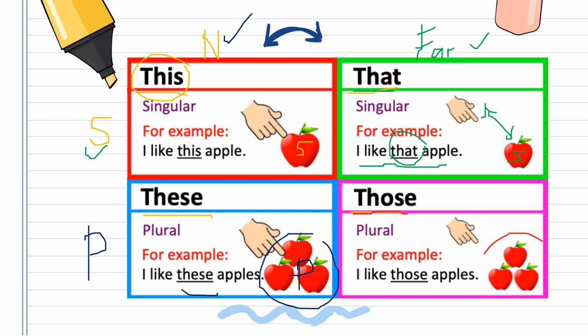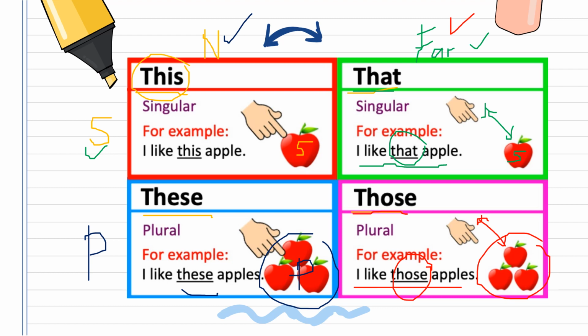Those is for plural nouns. We have three apples here. Plural nouns, and it is far from the speaker. Many apples, far from the speaker. So the correct demonstrative pronoun to use is those.